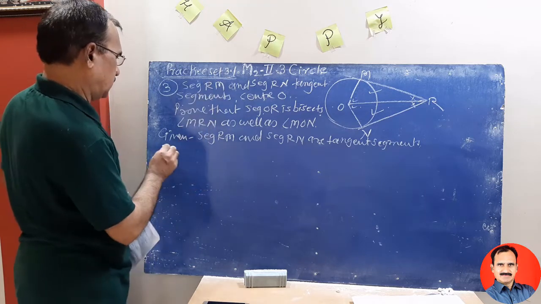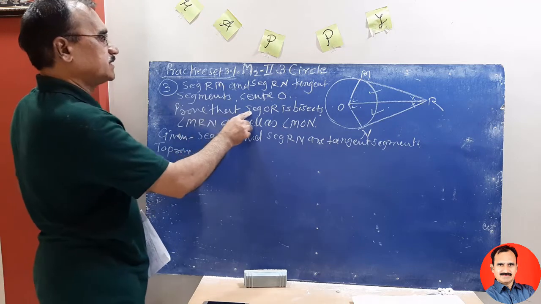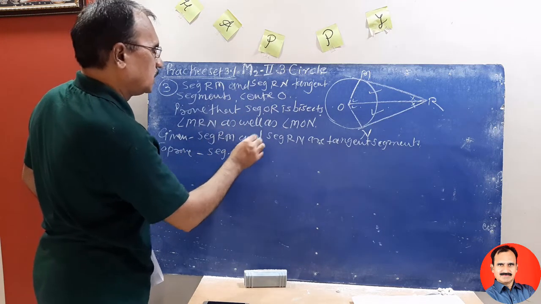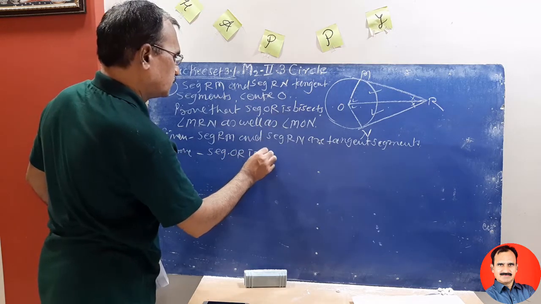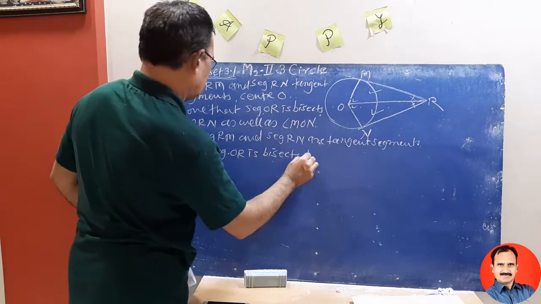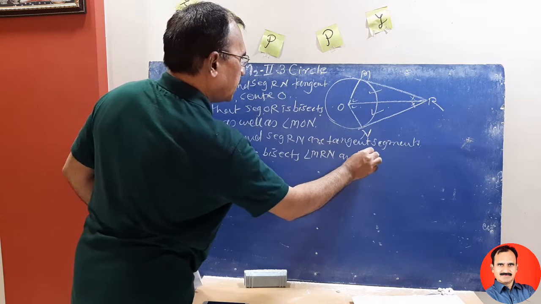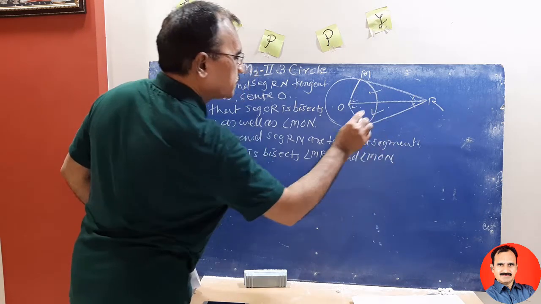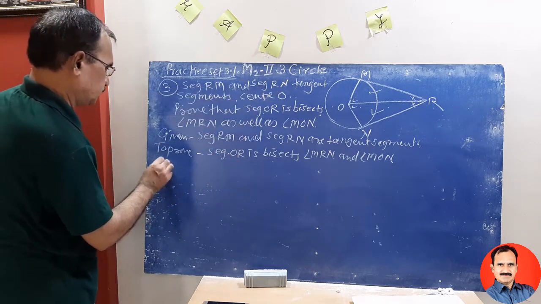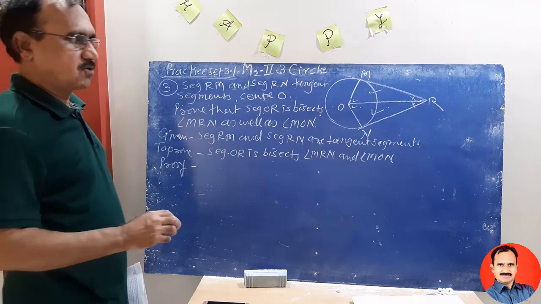This is given, and we have to prove that segment OR bisects angle MRN and angle MON. What is our first priority? We have to prove these two triangles are congruent. Construction is not necessary.